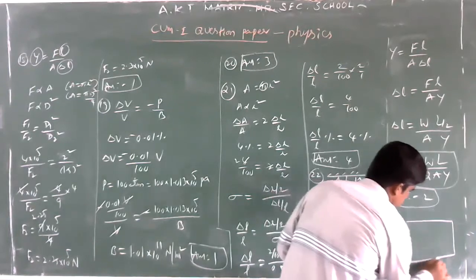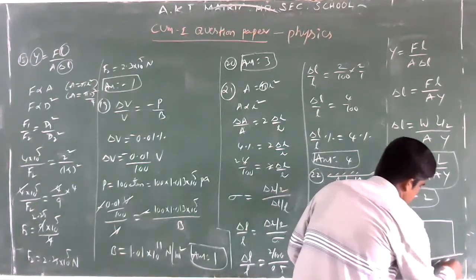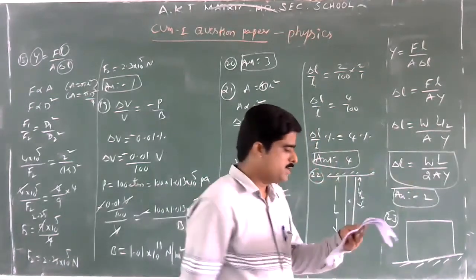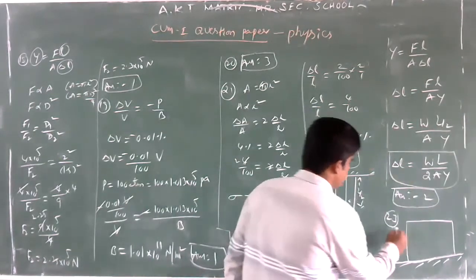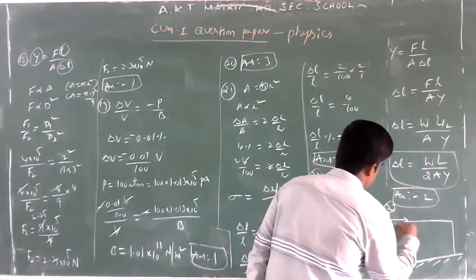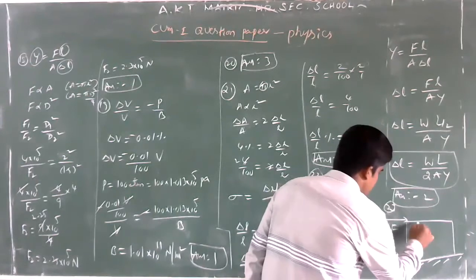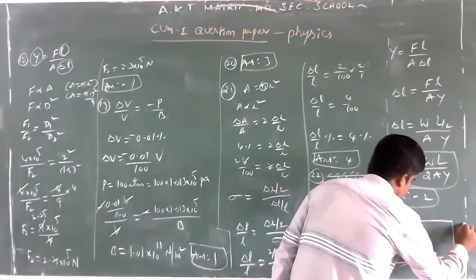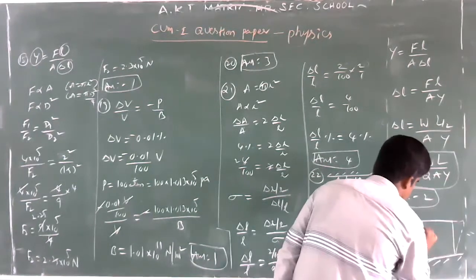One end is fixed. Next, some tangential force is applied here. How much force is applied? F. What happens? Its edges are displaced. The displacement is what we need to find.